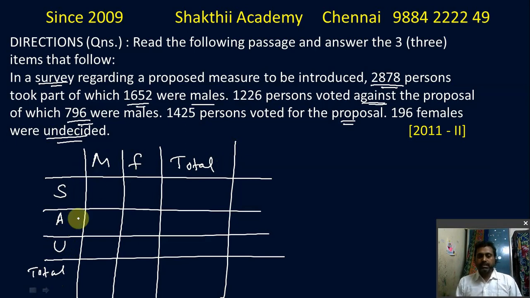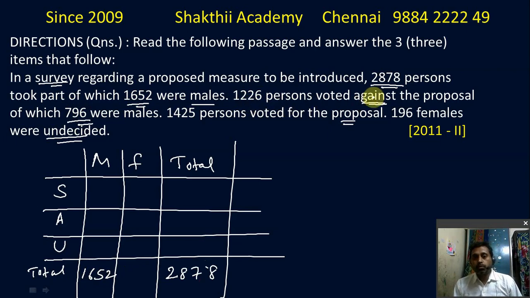Now I will just fill the table. In a survey regarding a proposed measure to be introduced, 2,878 persons took part. That means I will write here 2,878 people who are taking part in the survey, of which 1,652 were male. So the number of male candidates is 1,652.